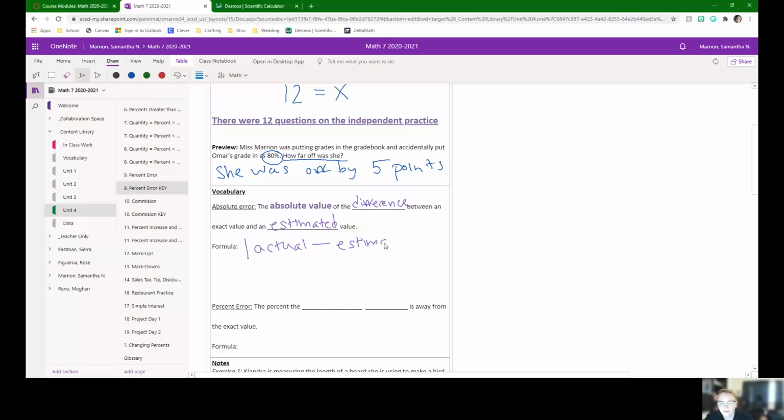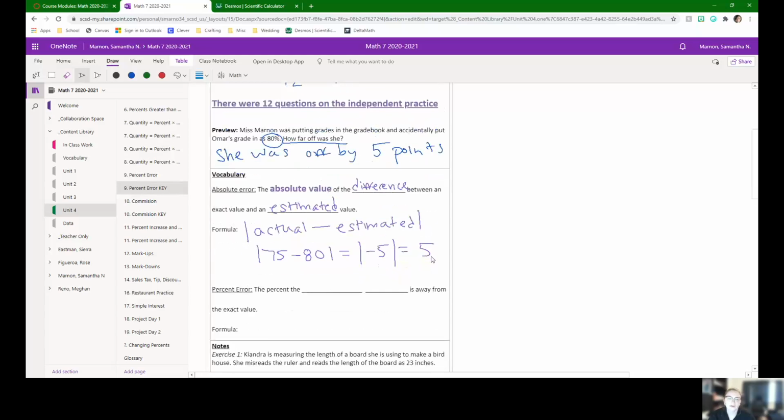So in the case with me putting in Omar's question incorrectly, we could do the actual, which was 75, minus my estimated, or the one I messed up, the 80. But we want the absolute value of that. So 75 minus 80 is -5. And when we take that absolute value, it's just 5. So my absolute error was I was off by 5.